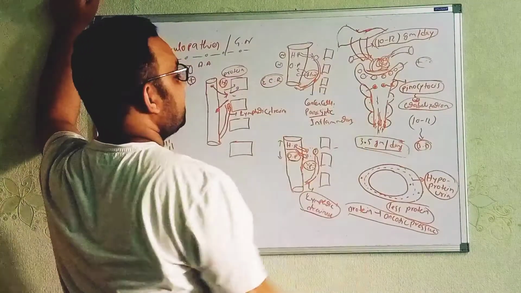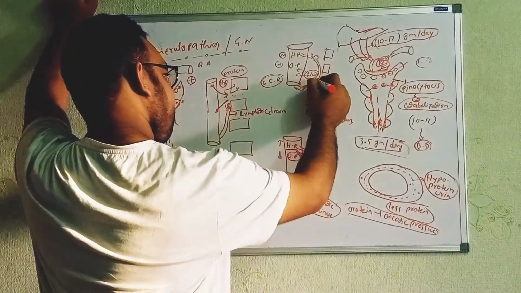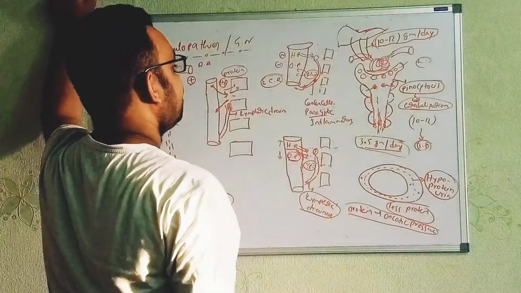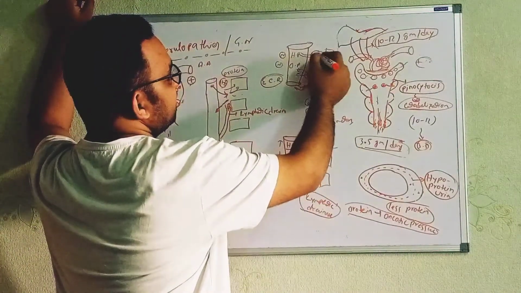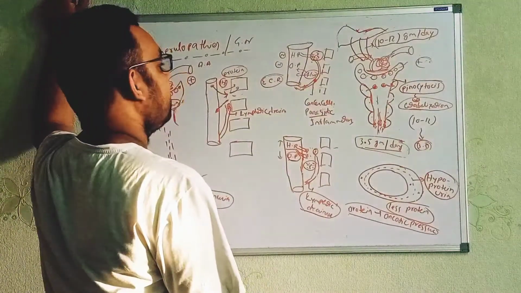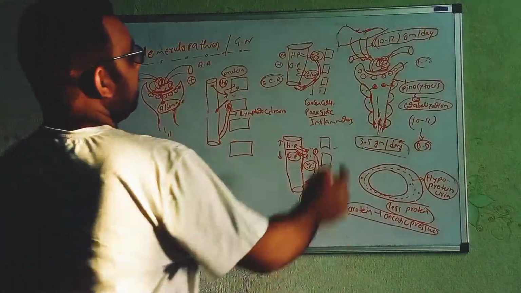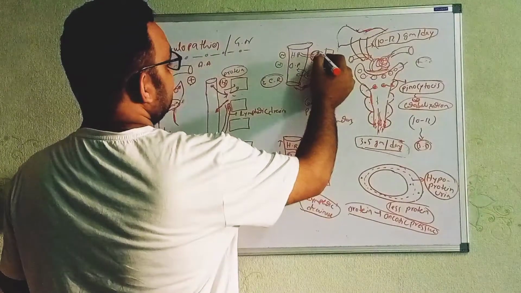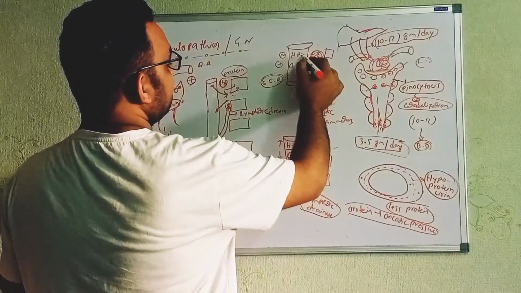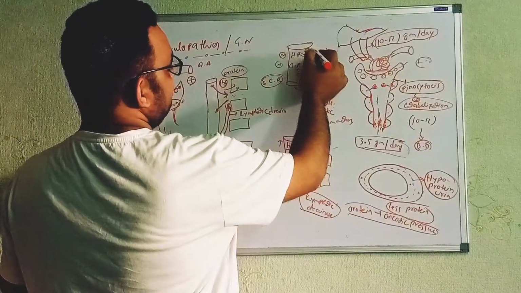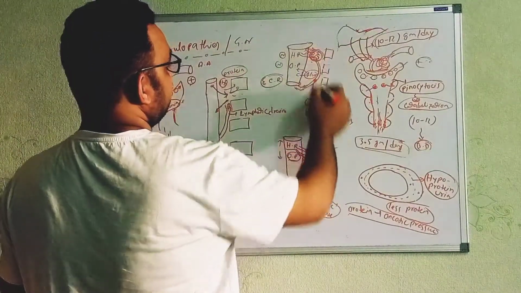As a result, there is a blockage of the lymphatic drainage system, so these proteins will keep accumulating here, day by day. The protein, by its osmotic property, will attract water molecules.